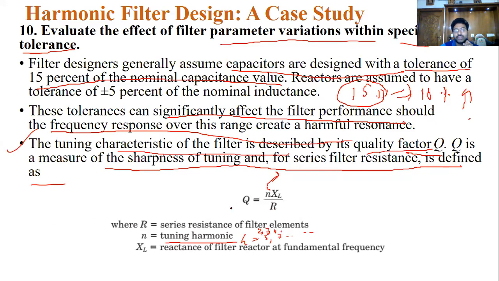This is the tuning value. Q is equivalent to XL by R, where R is the resistance of that filter element, you know the R, L, C values. N is the order: second order, third order, fourth order. XL is the inductive reactance value of that filter at the fundamental frequency.